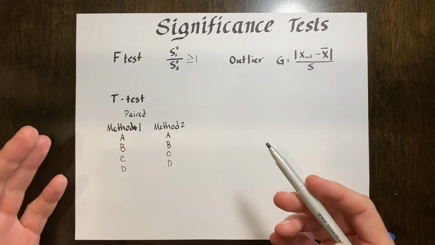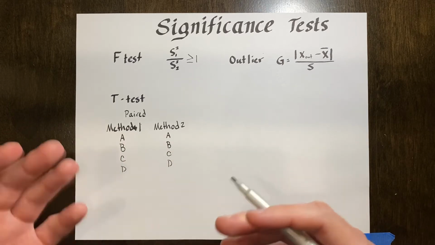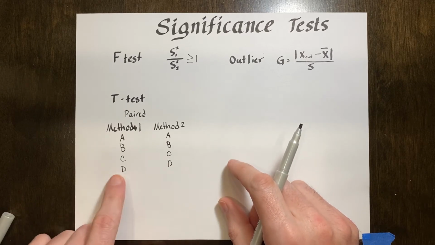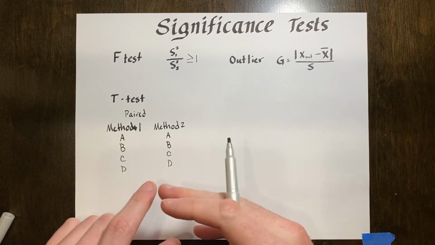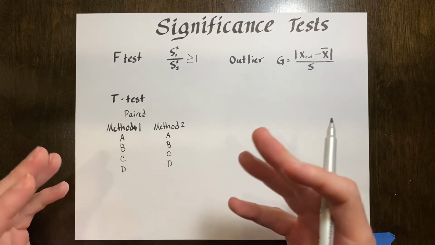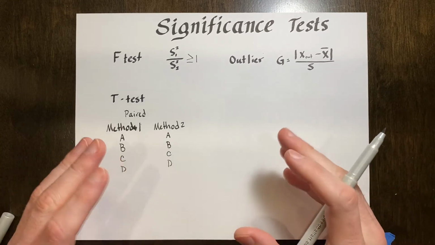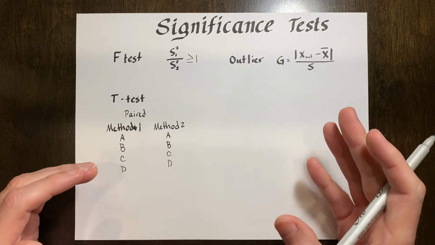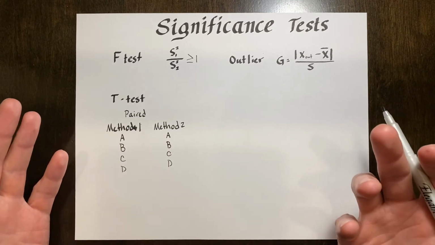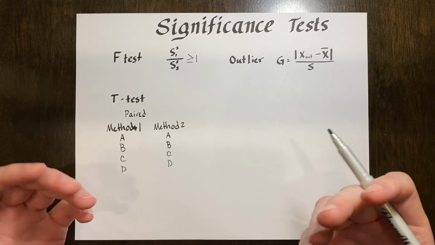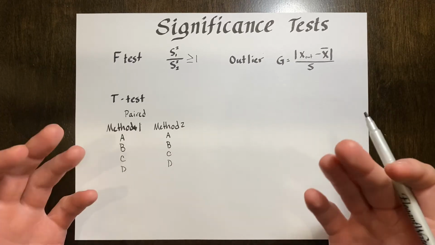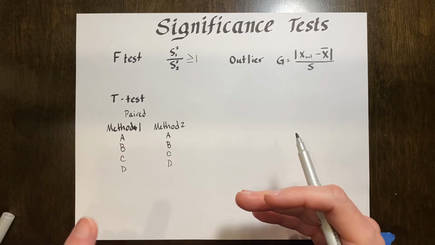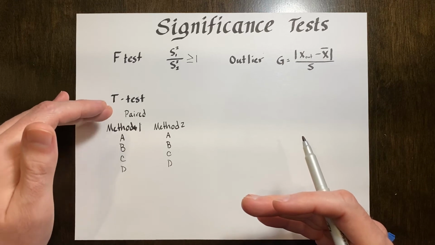Now, if you look at the formula for how to actually manually calculate this t-test, it involves subtracting these two values from each other and then doing some things with the standard deviation of that, and it's not that important for what we're talking about here, because most of the time you'll have Excel or some kind of computer do that for you anyway. It's more important to recognize, oh, this is paired data, I should use a paired t-test.